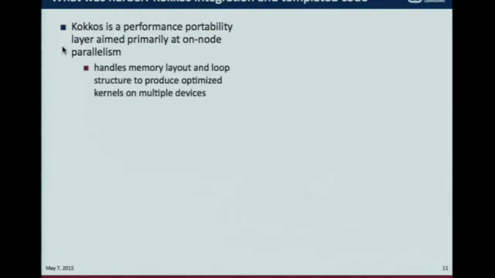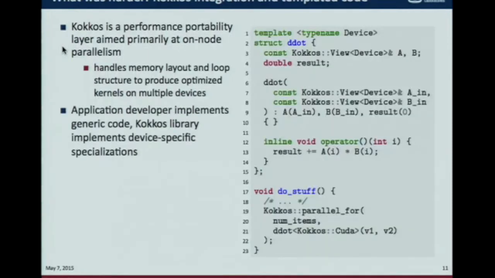It's basically a performance portability layer. It's aimed at unknown parallelism, statically known parallelism. You basically write generic code. Here's an example where I've done a dot product. You write these functors that overload the parenthesis operator, the function call operator.